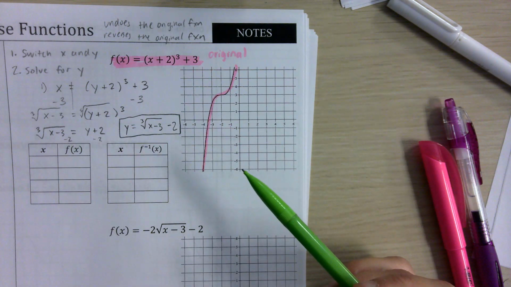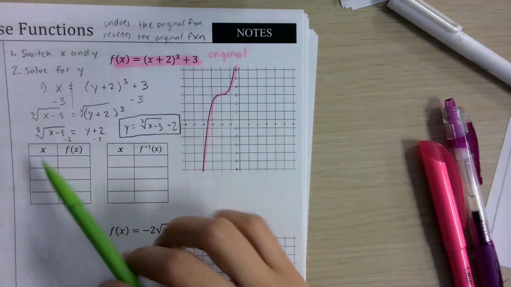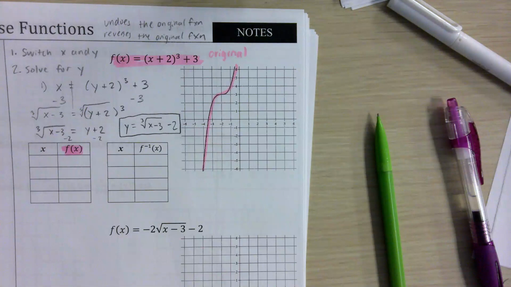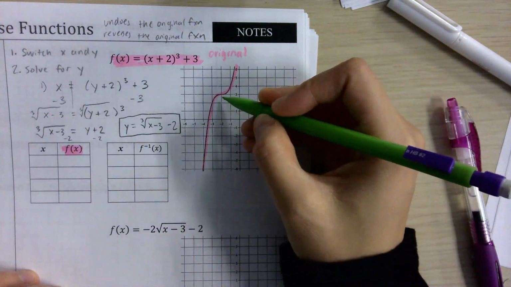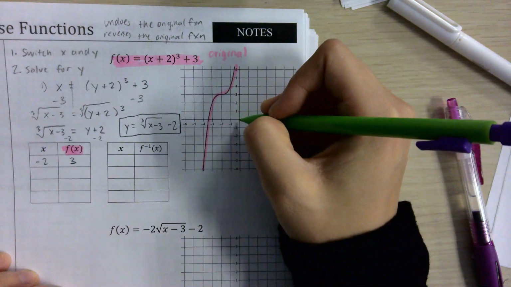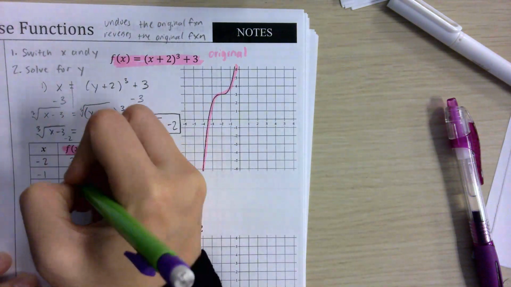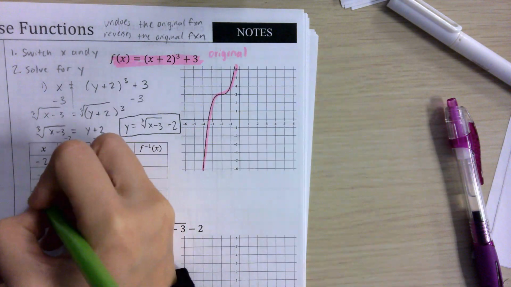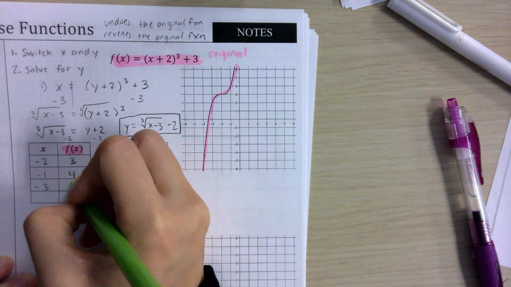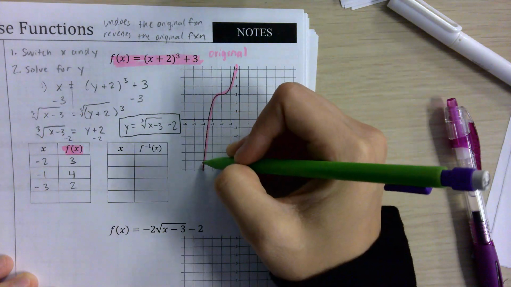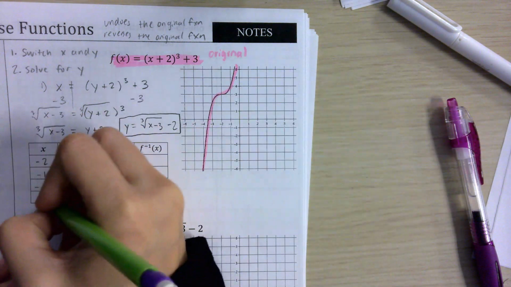Let's take a look at our graph here. So this is our original. We have negative 2, 3. We have negative 1, 4. We have negative 3, 2. And we have negative 4, and this looks like negative 5.